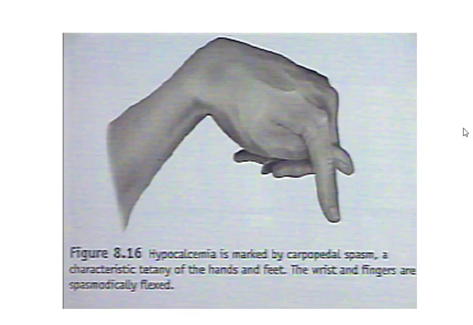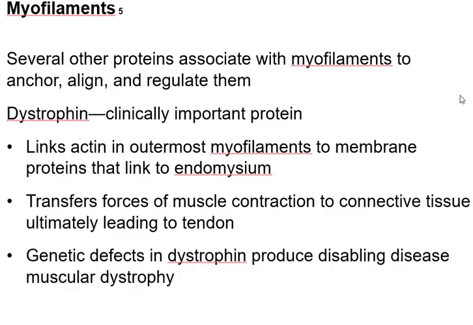And so you end up with your hand frozen or your feet frozen in these weird contorted positions. They are spasmodically flexed. So it's like you had a spasm where it flexed and then it locked. Tetany means locked, not moving.